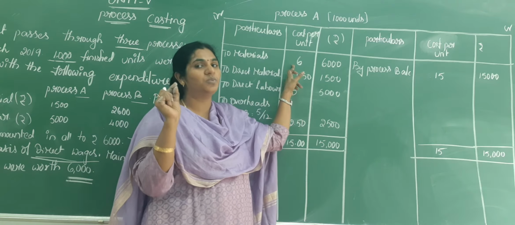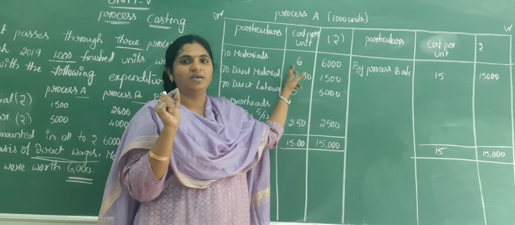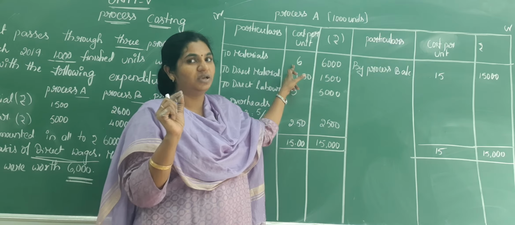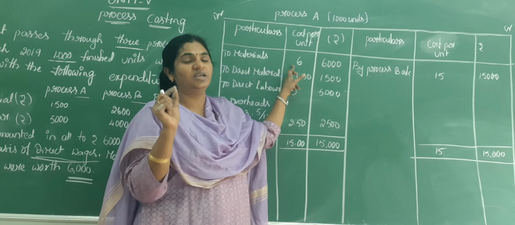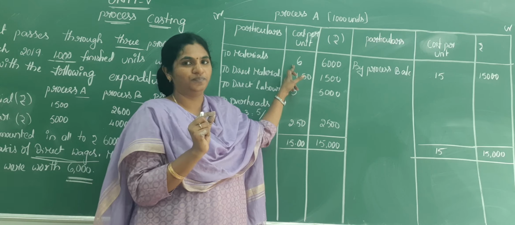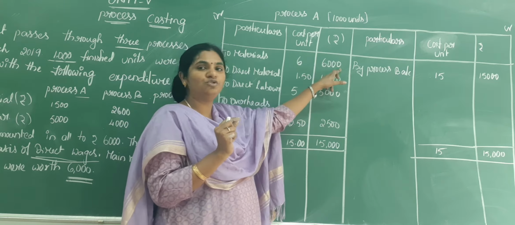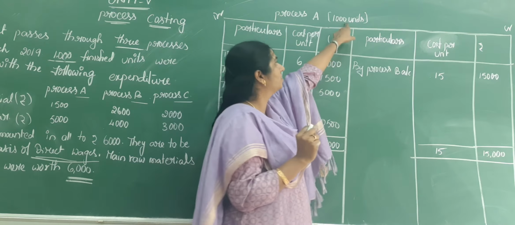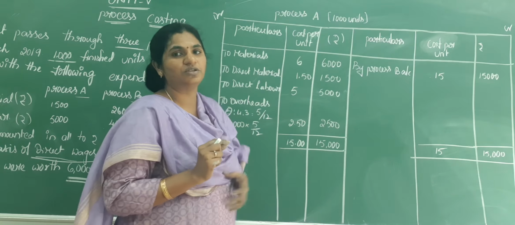Students, you need to remember very clearly that we need to calculate per unit cost because it is process costing. Each unit matters a lot from the production point of view. So we divide the worth of 6,000 rupees by the number of units produced, 1000.